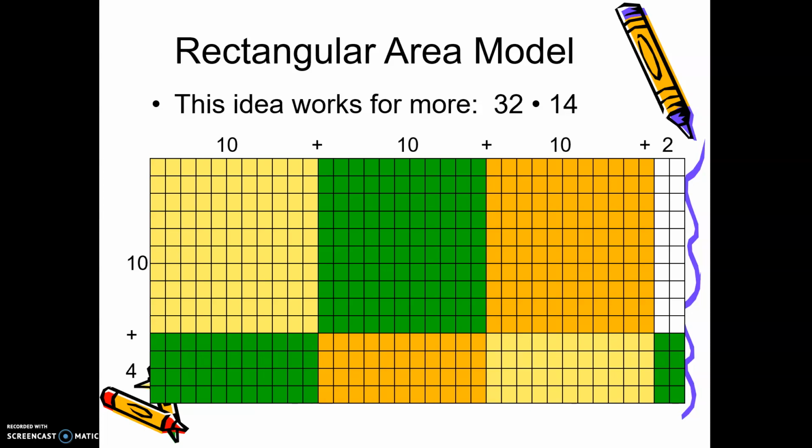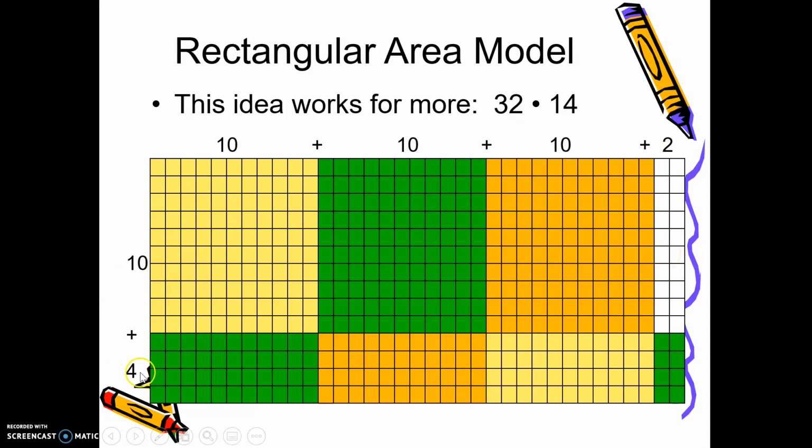So 32, we want to think to ourselves, okay, this is a two-digit number. As you can see, there are 3 tens, which is 30, and 2. That's 32. 10 plus 4 is this two-digit number, 14. So really what we can do is go, okay, 10 times 10 is 100, 10 times 10 is 100, 10 times 10 is 100, and then 10 times 2 is 20.